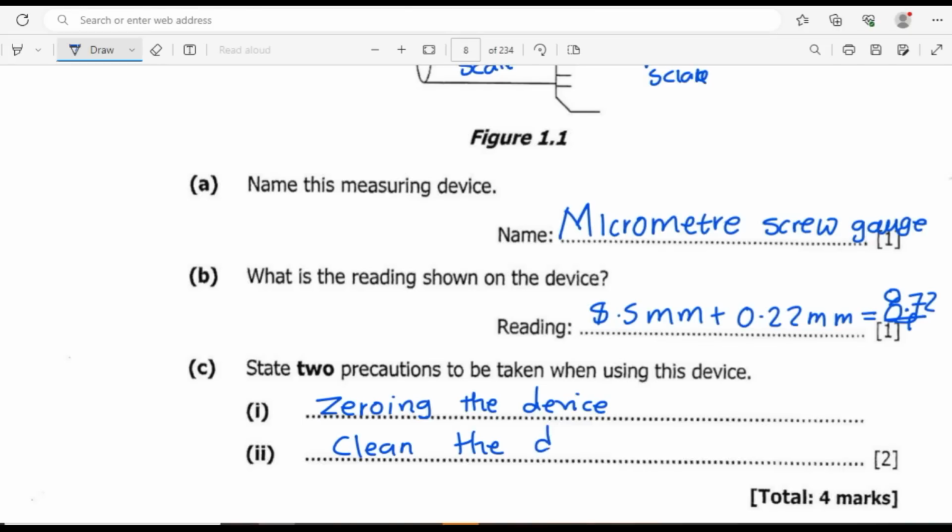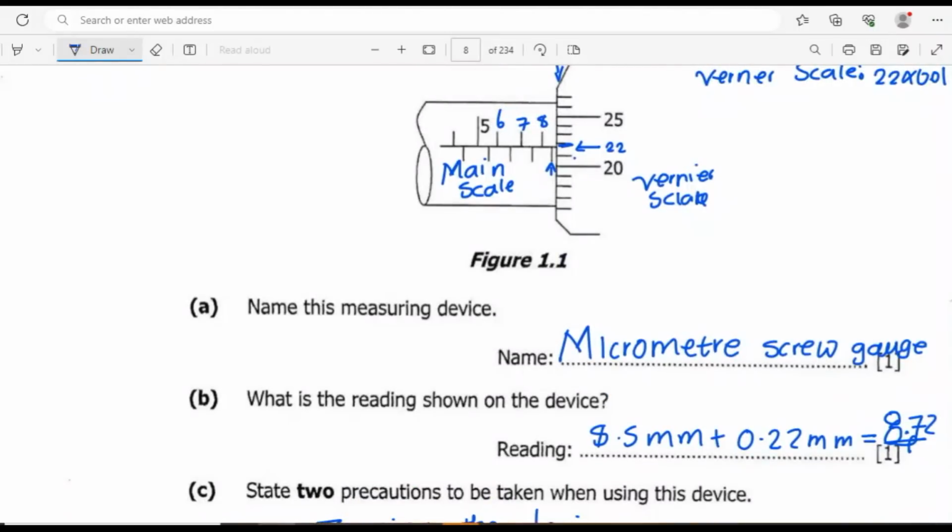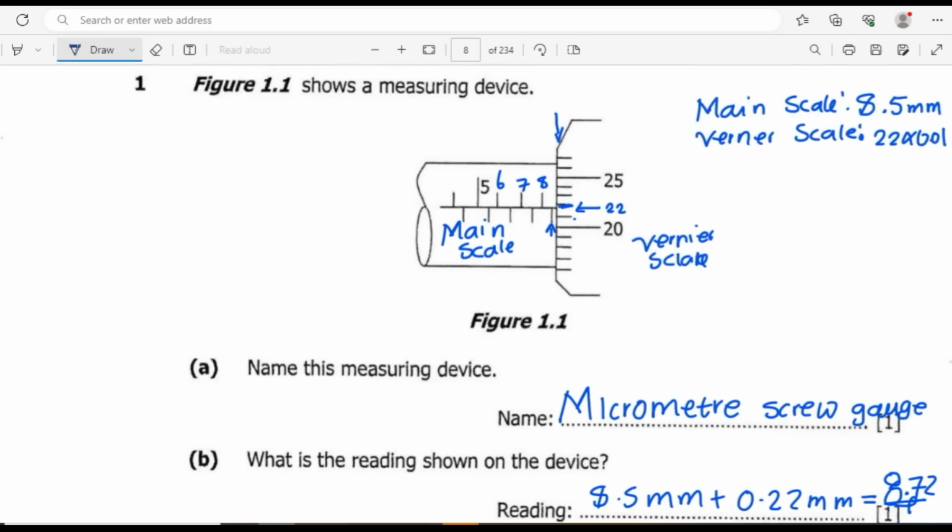So clean the device. Then the other questions that we may encounter here are the use or the importance of the micrometer screw gauge. So the micrometer screw gauge can be used to measure thickness. The thickness of the first one, wire. Then we have metal sheets.